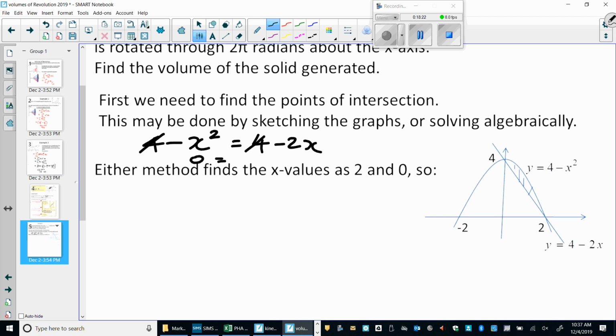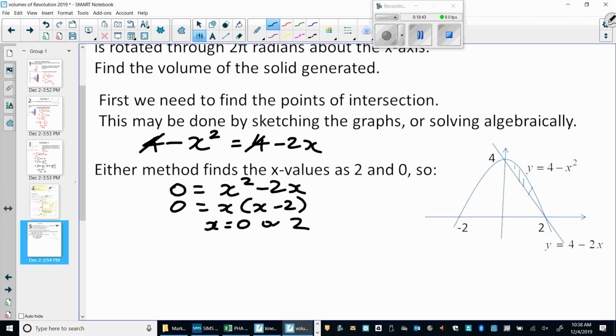We've got 0 equals x squared minus 2x. So bring the x out, we get x times x minus 2, which means x is 0 or positive 2. Okay, so there's our 2 values.